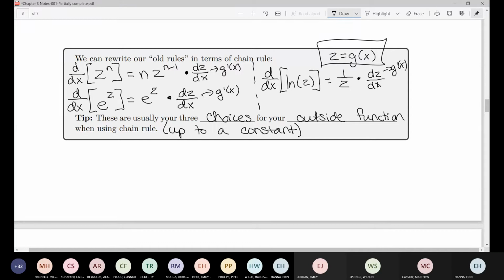You'll hear me say a lot: something to a power, e to the something, natural log of something. And it's just because I don't care what that thing is, this rule still holds. If I want to take the derivative of the natural log of something, I start with 1 over that something and then take the derivative of that something.